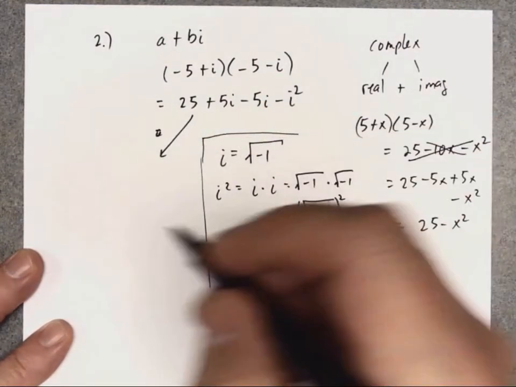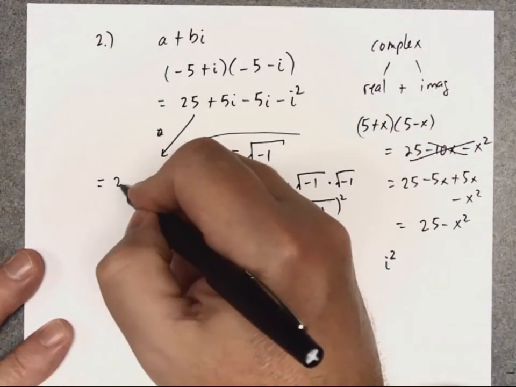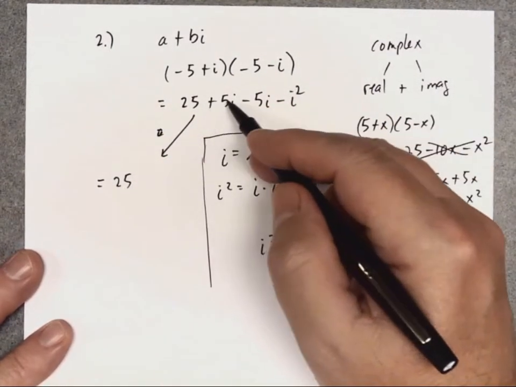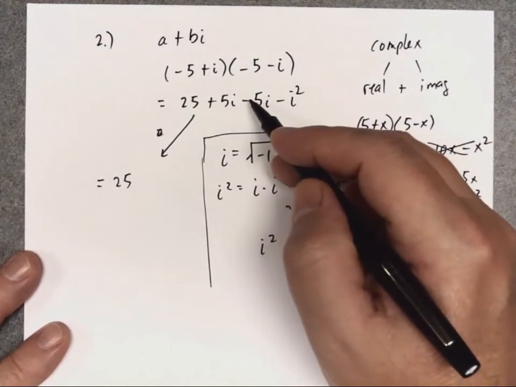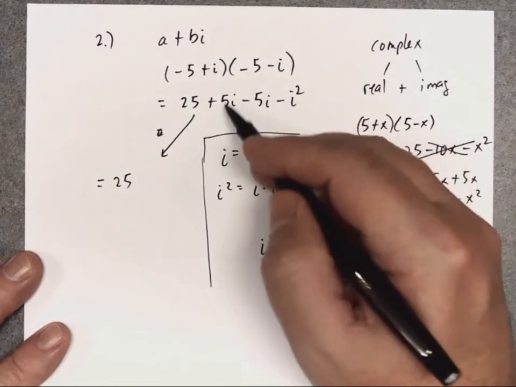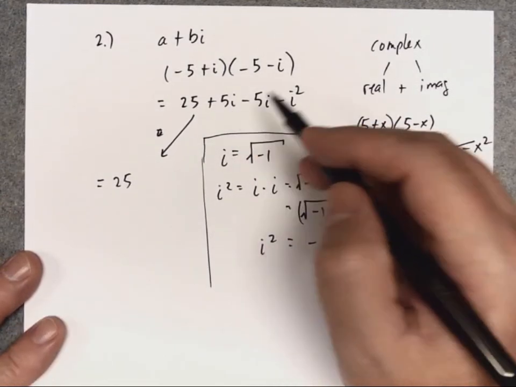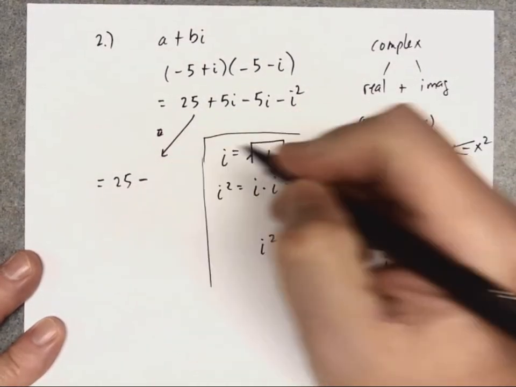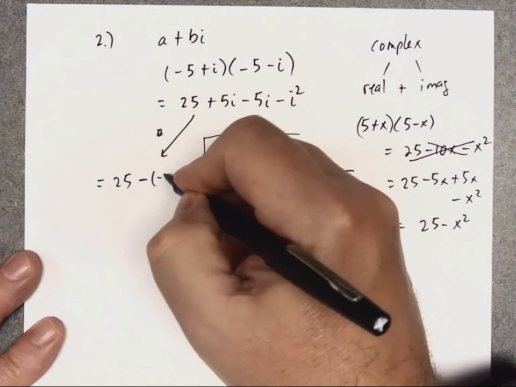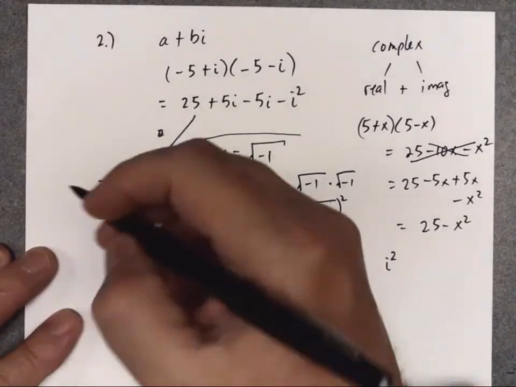So now, if I continue this, first of all, I have 25. I have 5i minus 5i. It's almost like combining like terms. These are like terms, and they cancel out. So I'm just left with minus i squared. But i squared is negative 1, so I have 25 minus a negative 1.